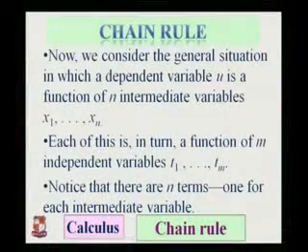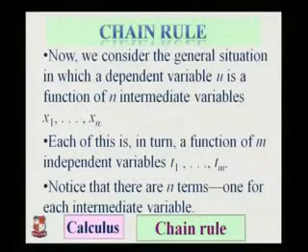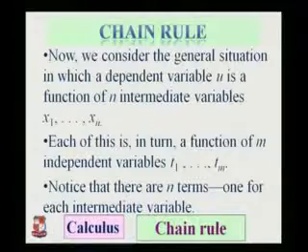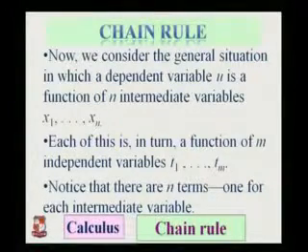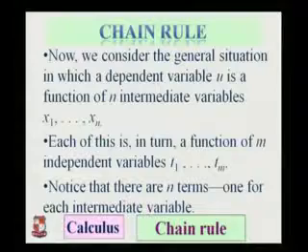Now consider the general situation in which the dependent variable u is a function of n intermediate variables x1 up to xn. Each of these is in turn a function of m independent variables t1, t2 and so on up to tm.